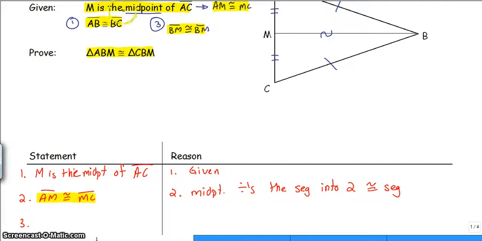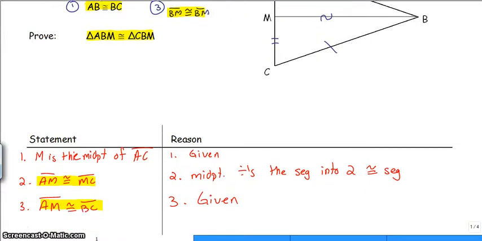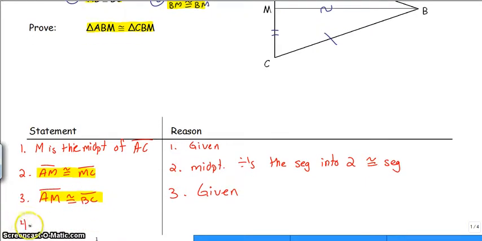Okay. So I've used this, I've used this, I have to put my next one. Segment AM is congruent to segment BC. I know that because it's right here, it's my given statement. So I can use my given as my reason again. Circle or highlight or star, you have a second congruent statement. We're almost there. Number 4 is the reflexive property.